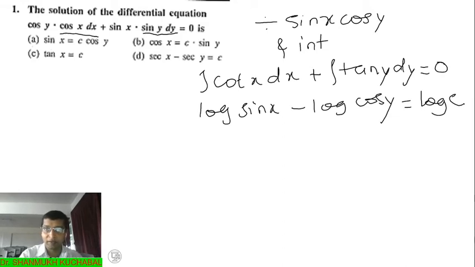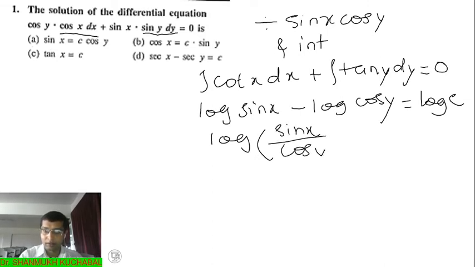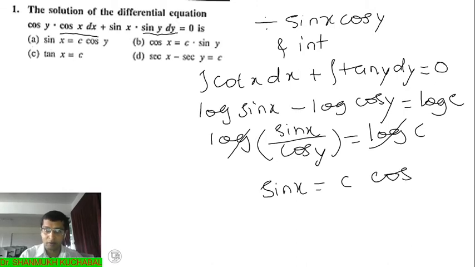Simplifying, we get log sin x minus log cos y equal to log c. Logs cancel, and we get sin x equal to c times cos y. Therefore option A, sin x equal to c times cos y, is the right answer.